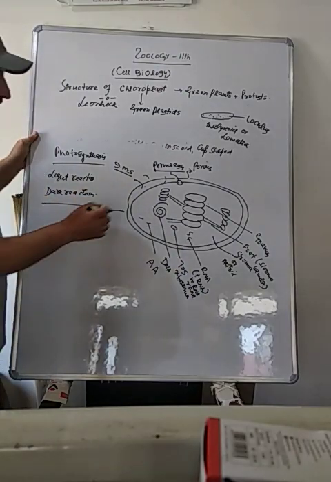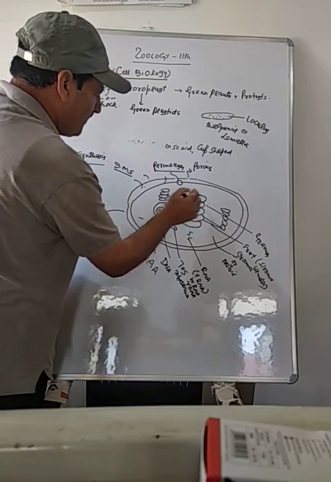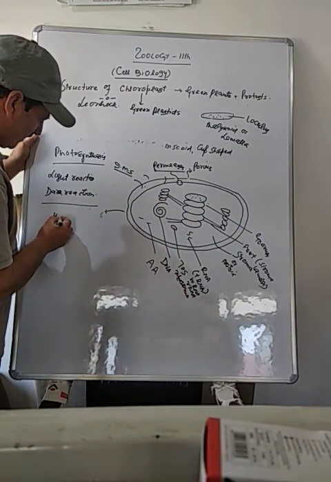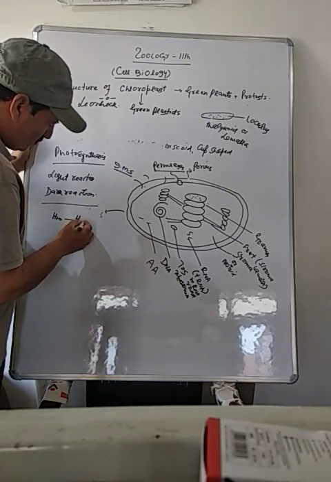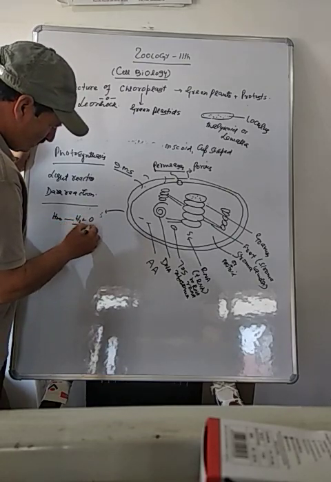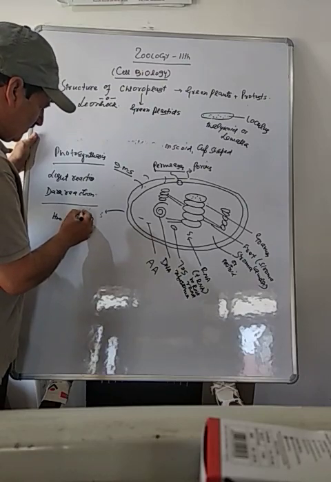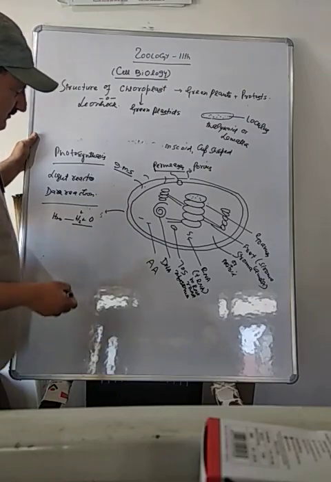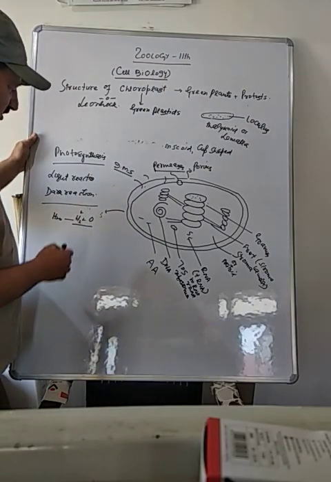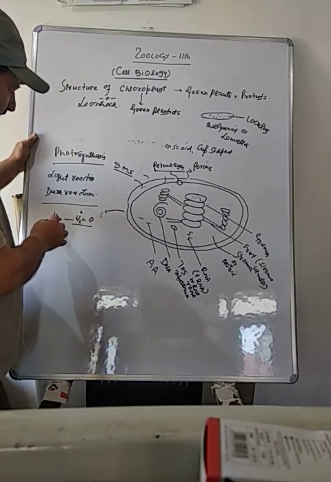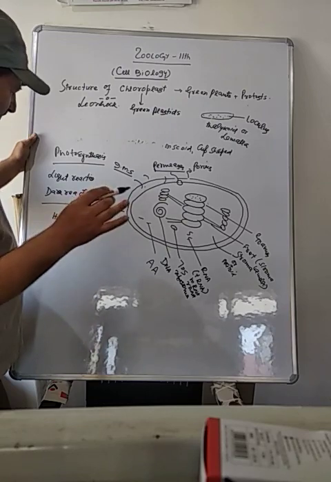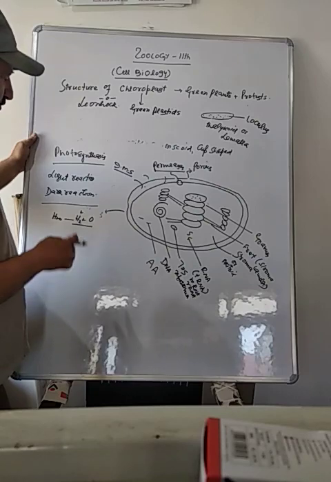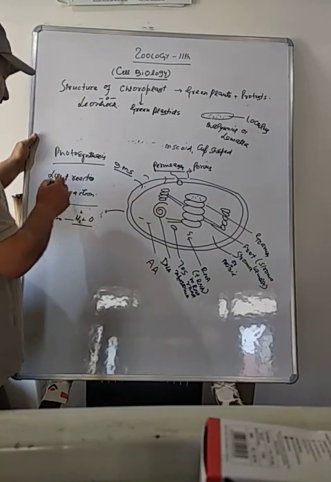In the light reaction, the chlorophyll traps sunlight, and with the help of sunlight, it breaks water into H2 and O. It is actually H positive that is formed here. This is also called photolysis of water. This occurs in light, and that is called the light reaction.